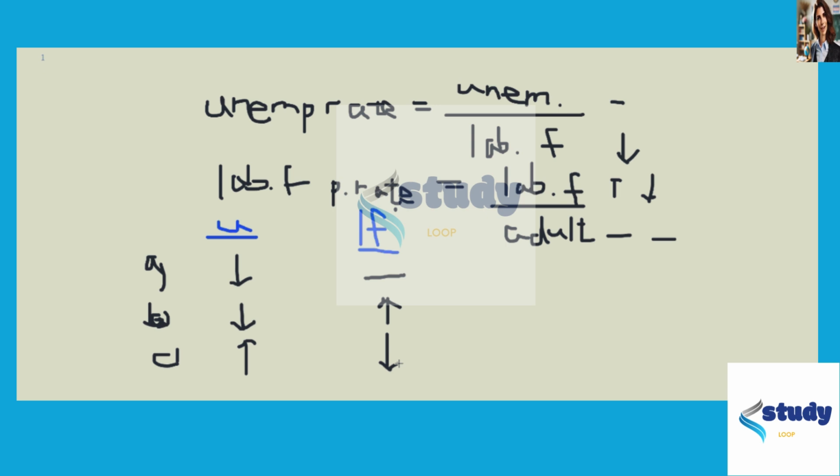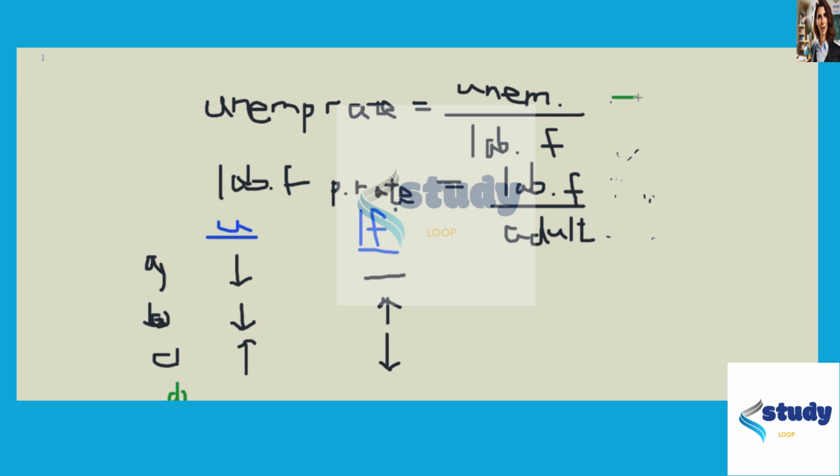Okay, D. Daenerys quits her job to become a stay-at-home mom. Okay, I think I need to erase all this. A stay-at-home mom, I would say, is not part of the labor force. I'll use color green here for question D. The unemployed number doesn't change.